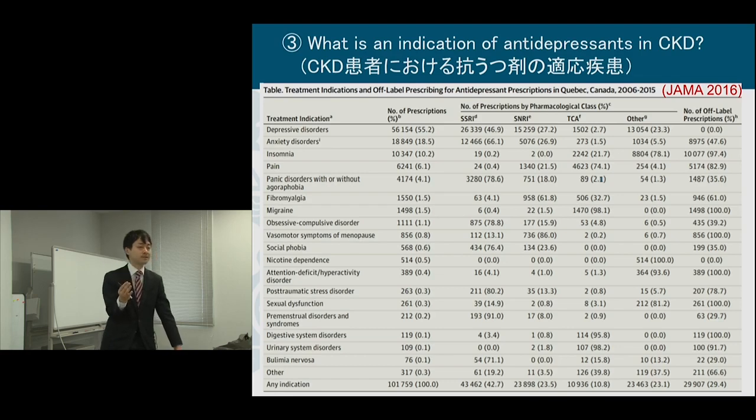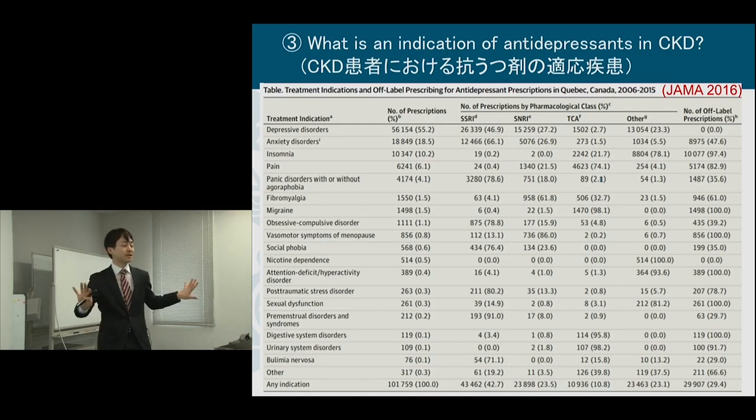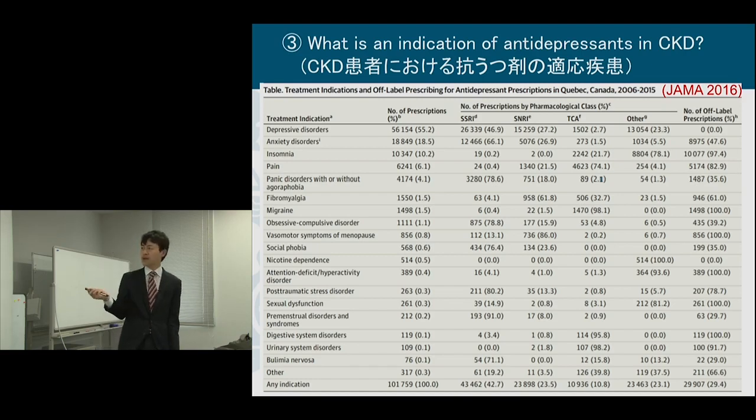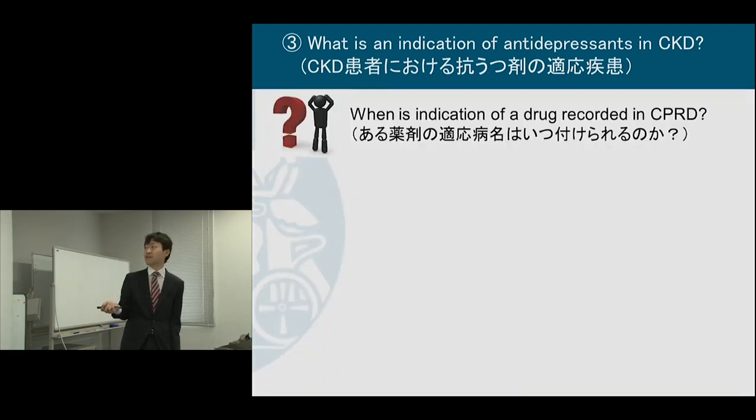But in most databases in the world, like CPRD and Japanese JMDC database, diagnosis and prescription are separate, so we don't know which diagnosis is contributing to the prescription. So a strategy is needed to identify when the indication of a drug is recorded in the database.